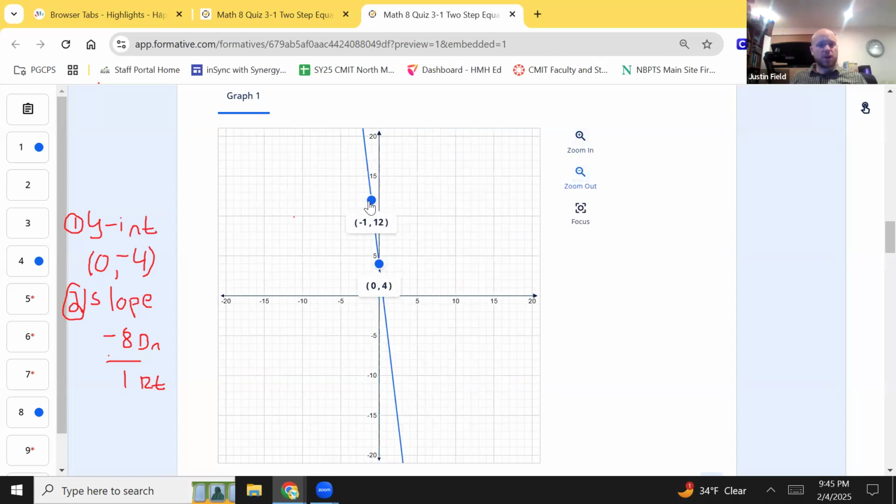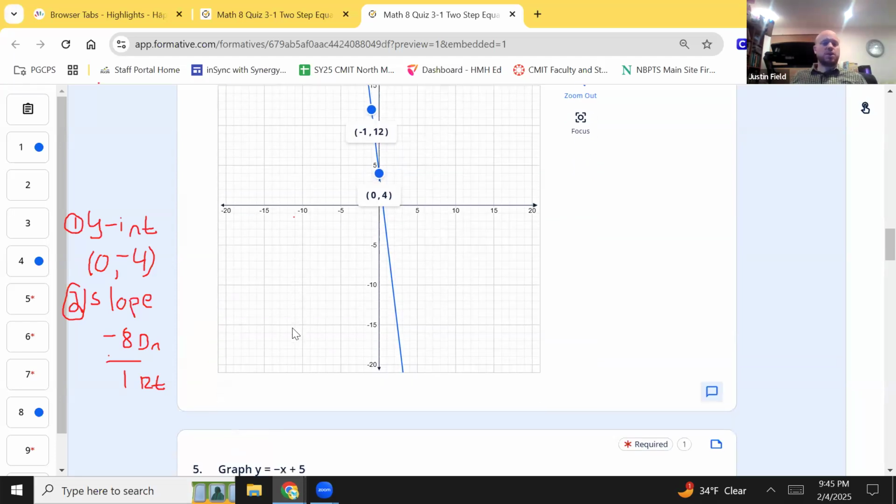So going up 12 and left 1, that's another way to do it. Up and left, or down and right, and you see it's the same line. All right, so there you go.